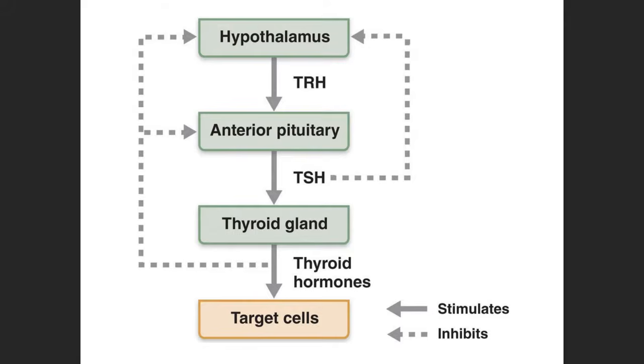But what if it's not? If the only thing that switches off TSH levels is this negative feedback, oh, for goodness sake, it's not letting me draw. Maybe I'm drawing too quickly. There you go, if I just slow down. So if there's no thyroid hormones, then TSH levels are going to continually grow.